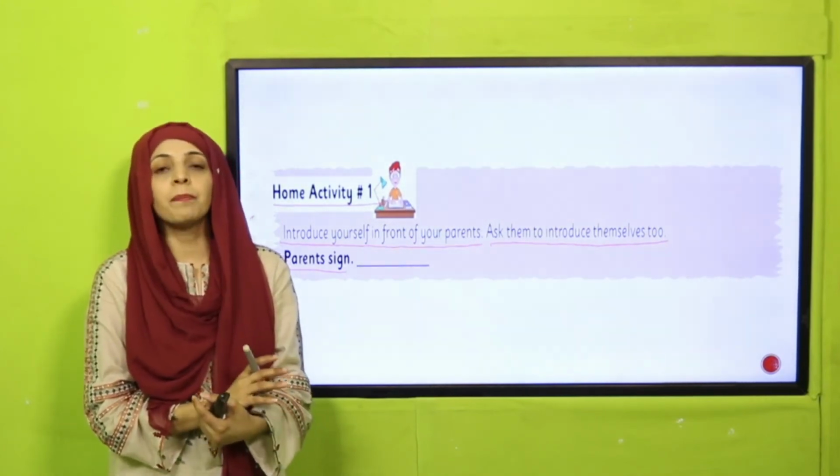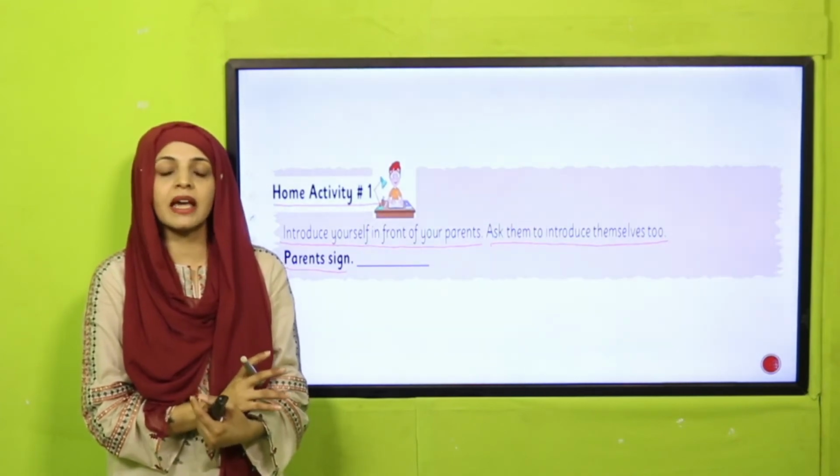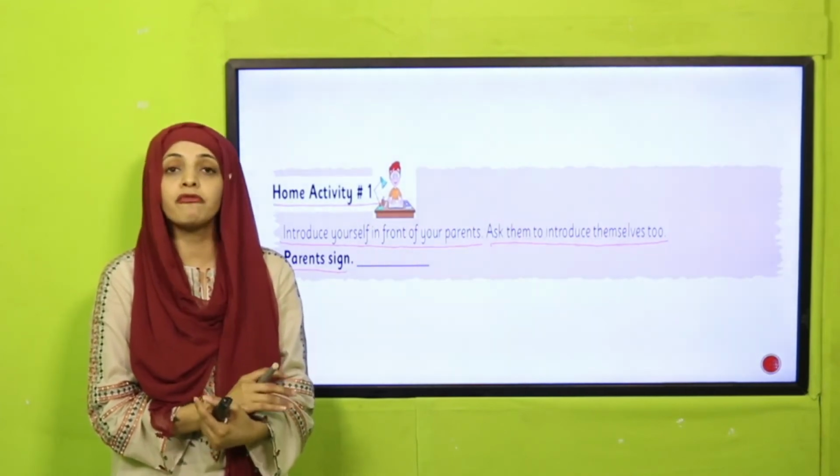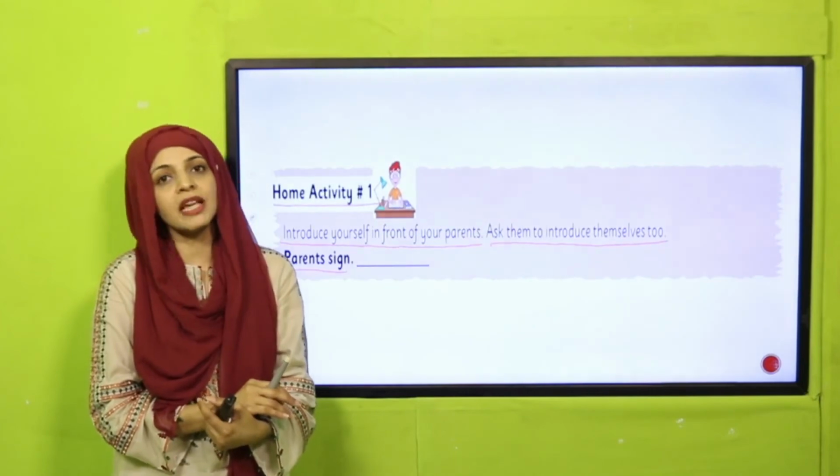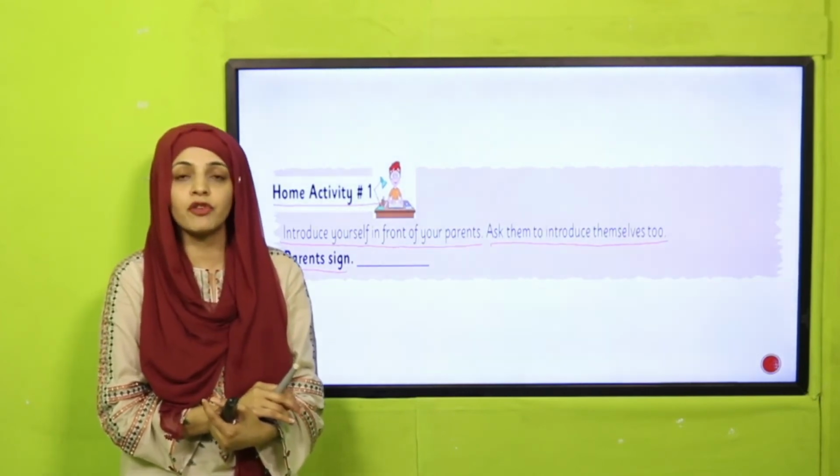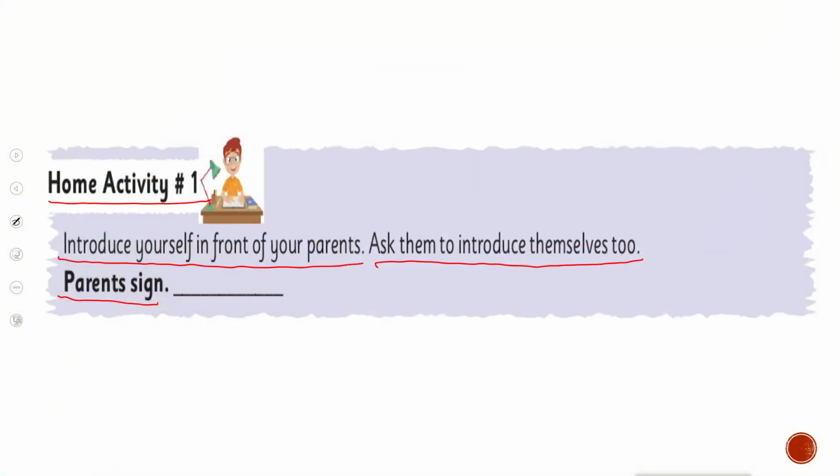Similarly, please make the kids give their introduction to you in full sentences, and parents, you will also give your introduction to your child. By the end of the chapter, you will sign this activity so that the teacher will know that they have done the activity in their books.